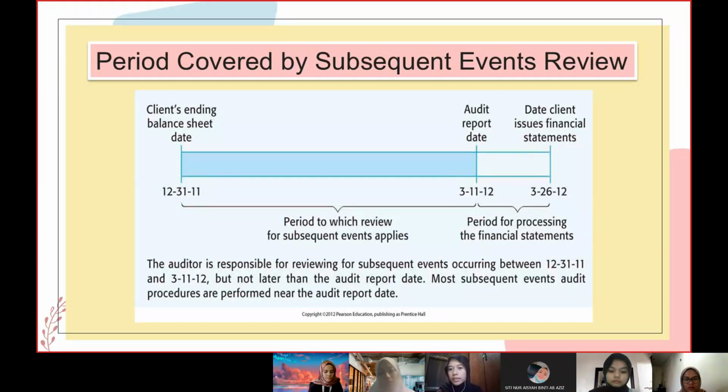As you can see, the diagram is about how we know the dates for doing a subsequent event review, or how to calculate the audit report date, which involves two dates. Okay, next.